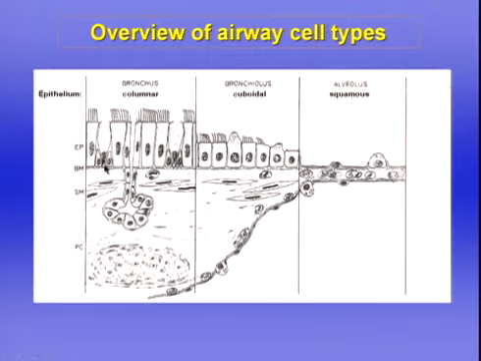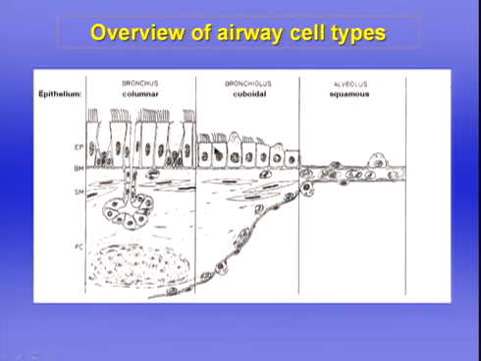Here's a drawing which summarizes some of the cells in the epithelium of the airways as we go down from the large airways through the smaller airways, here called bronchioles, down to the alveoli. Initially you see these tall columnar cells with cilia on top, and maybe the odd Clara cell there, or possibly a goblet cell.